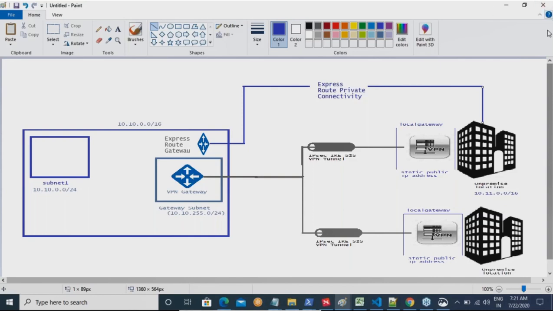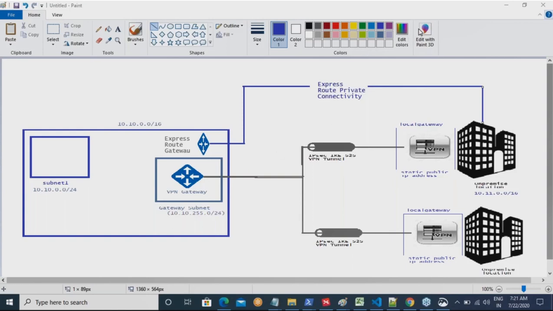Now, Satyakishwar, you are asking about failover. This is failover. In the earlier case also, you can make it a failover, it depends on how you create your routing. But the whole idea is, here you have the Express Route gateway, and if Express Route for some reason is down, you have VPN connectivity.